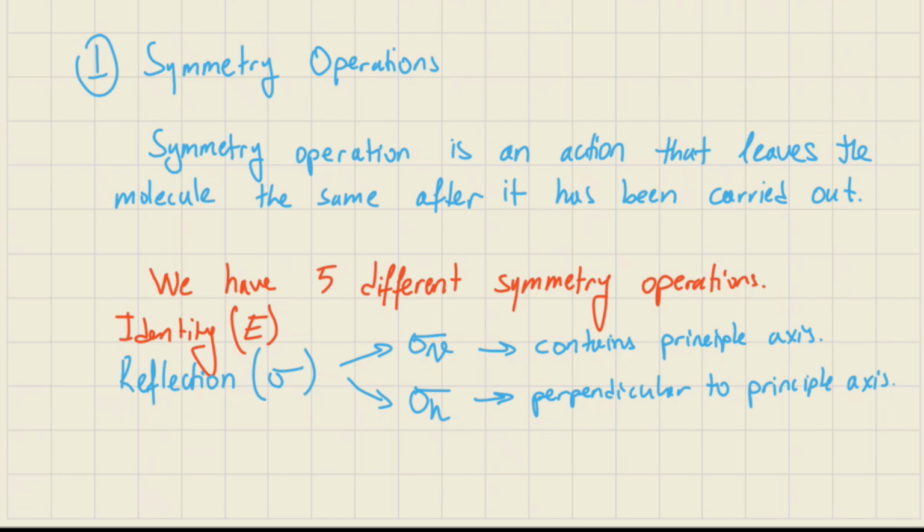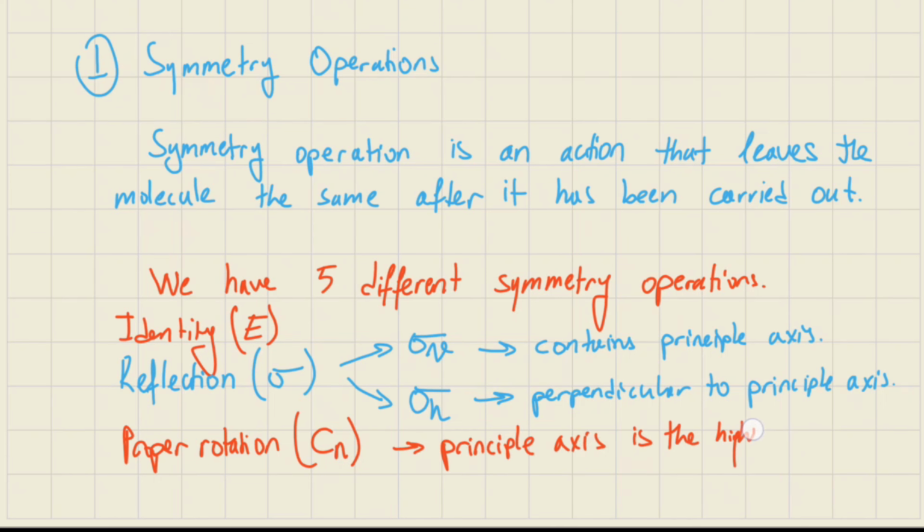The other symmetry operation is proper rotation, which is represented by Cn, and the principal axis is the highest order rotation axis. I want to give a very simple example. For instance, we have a water molecule, and our principal axis is from here, and it is a C2 axis.